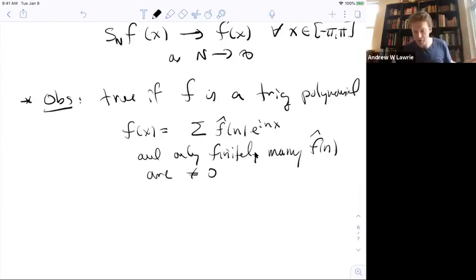Right, so in the case of a trig polynomial, only finitely many of the Fourier coefficients are non-zero, and so once we take capital N large enough, you have recovered the trig polynomial back again.